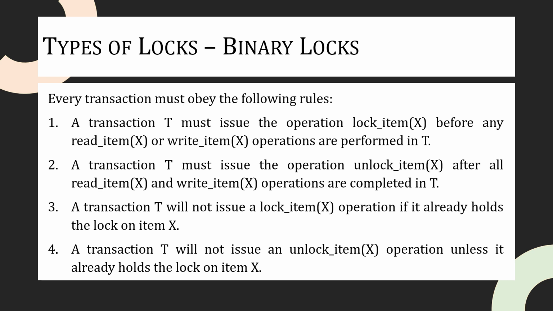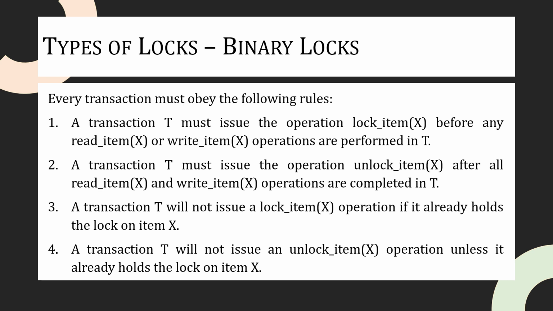The second rule: a transaction T must issue the unlock item of X operation after all read item of X and write item of X operations are completed in T. So once the read and write operations are completed, it must issue the unlock item of X operation.